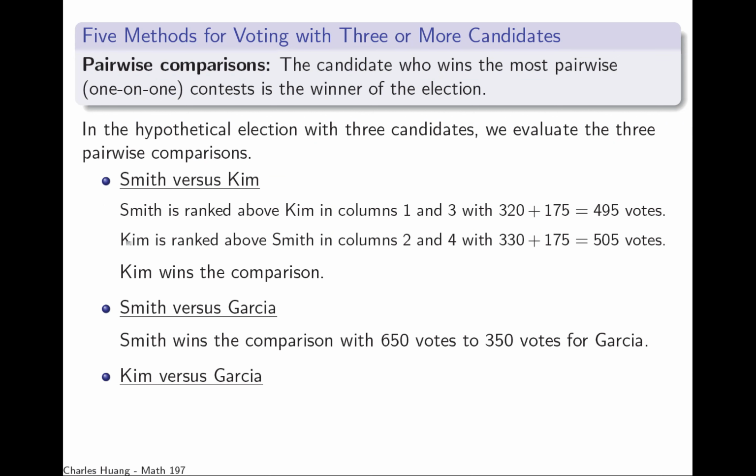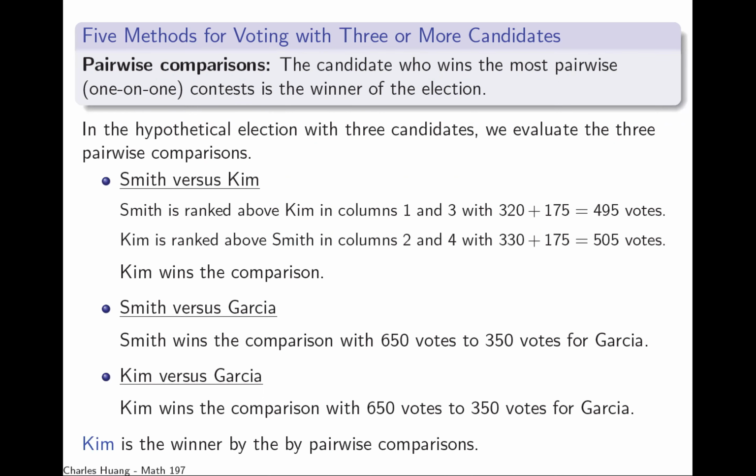When Kim compares with Garcia, Kim has more votes. And you notice in this case, Kim has 2 wins. Smith only has 1 win, and Garcia went winless. Because Kim has 2 wins, Kim is the winner by pairwise comparison.